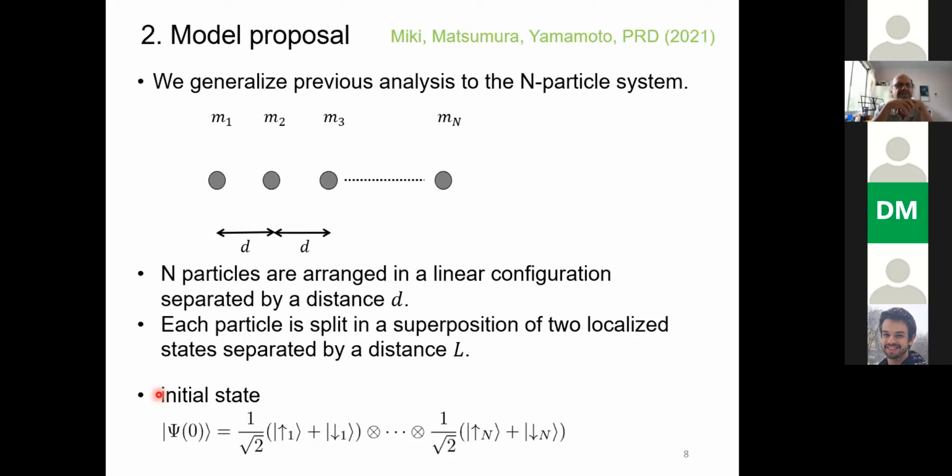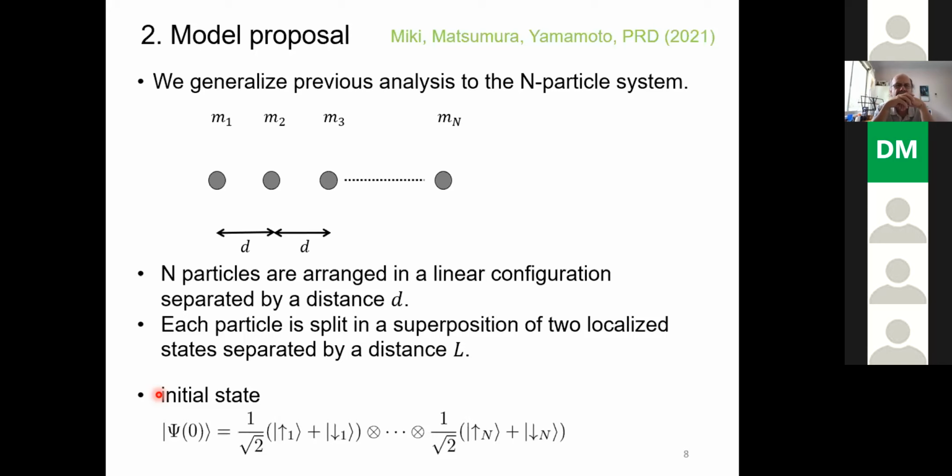Harmonic potential. Excuse me, I think there's no harmonic potential, just free falling. Yeah, we assume that particles are in localized positions, so they can't, under the influence of gravity, move towards each other.